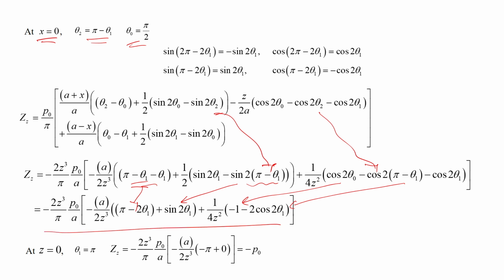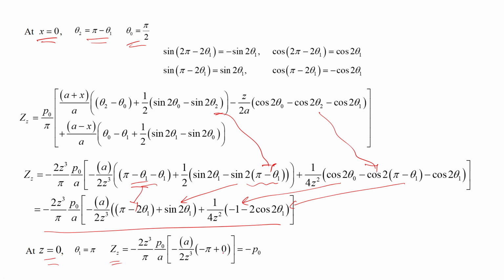Again, if I want to find out what will be the stress at z equal to 0, at that point theta 1 is equal to pi, as I did for xx, then zz comes out to be equal to, if I substitute all that, 2 pi, cos 2 pi will be minus, so it is that z is equal to 0 and theta 1 is equal to pi. So, remember this z tends to 0, which means z will multiply it over here, that needs to be multiplied.